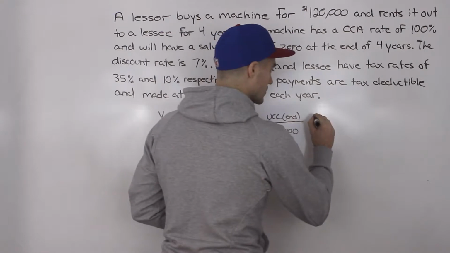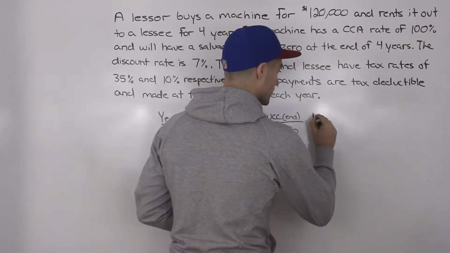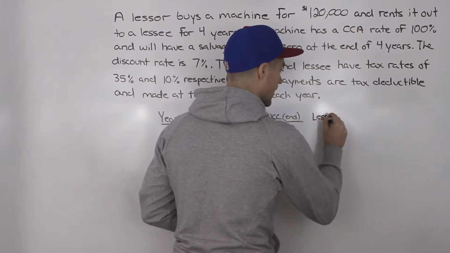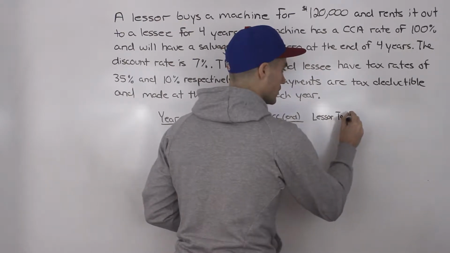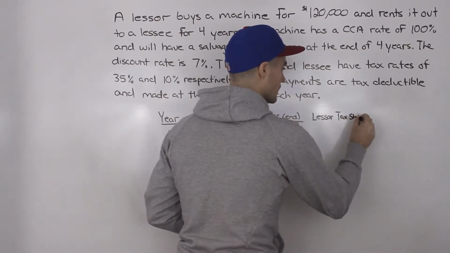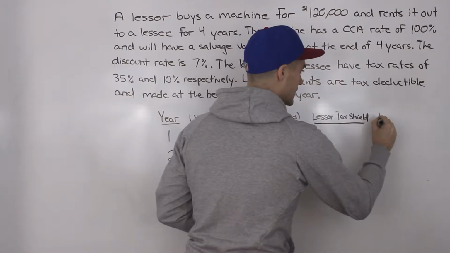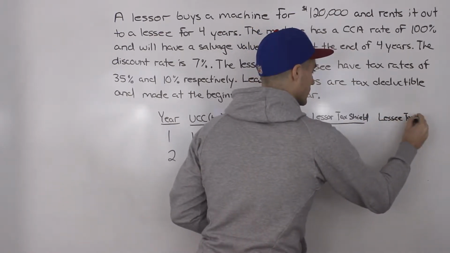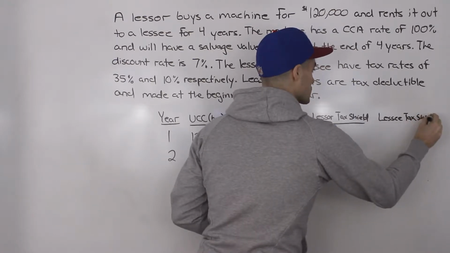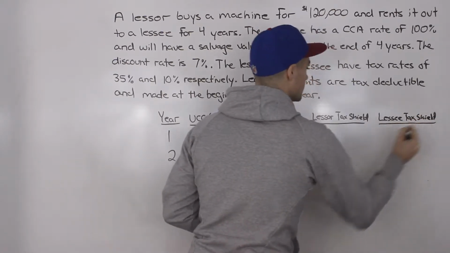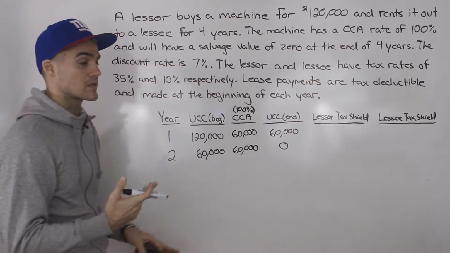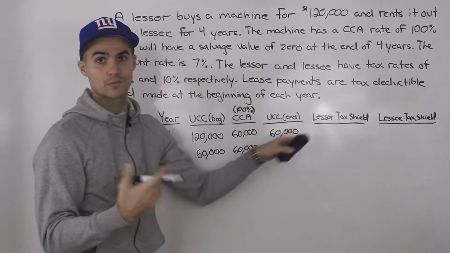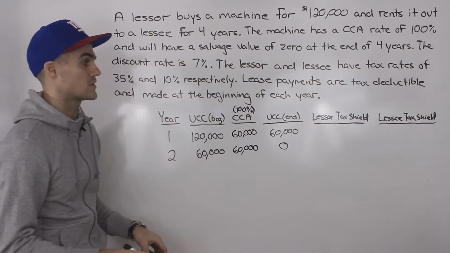So we're actually going to be using a different tax shield for the lessor and a different tax shield for the lessee in this question. We need both because we're going to have to calculate break-even lease payments for both of them, and we're going to have to use their respective tax rates.